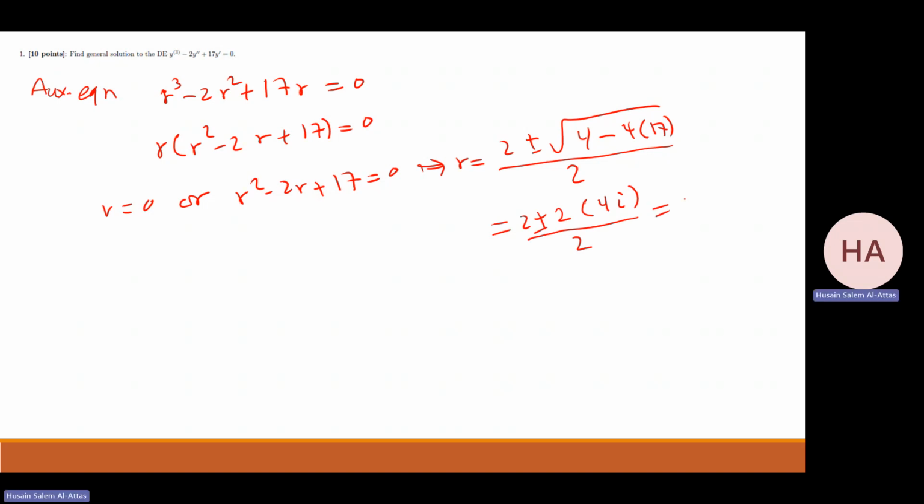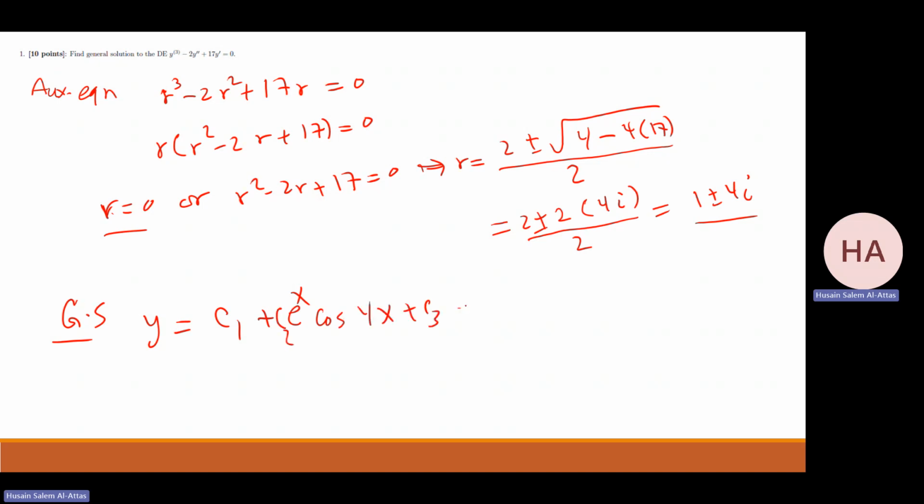That will be 1 plus or minus 4i. So what will be my general solution? Y will be C1 for r equals 0. And for this, I need cosine and sine, e to the power x, cosine 4x, C2 plus C3 e to the x sine 4x.